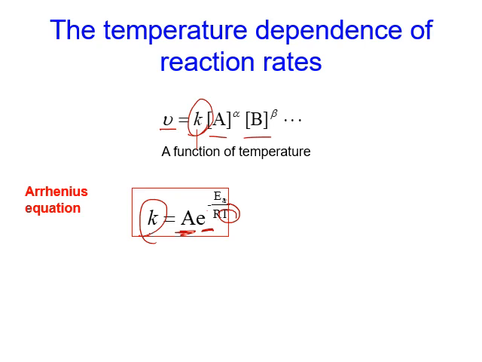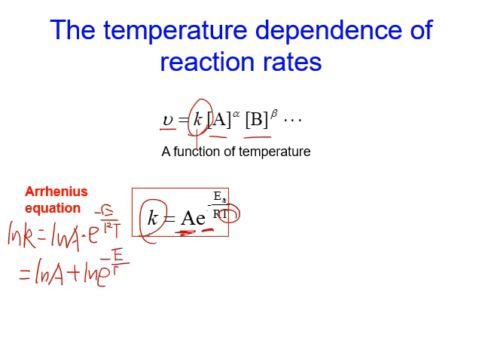Now we can modify this equation by taking natural log on both sides. Natural log k equals natural log of A times e to the negative Ea over RT. And this equals ln A plus ln e to the negative Ea over RT.